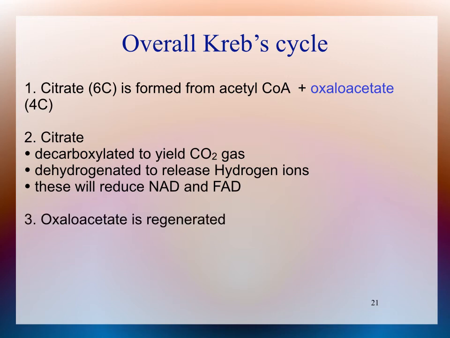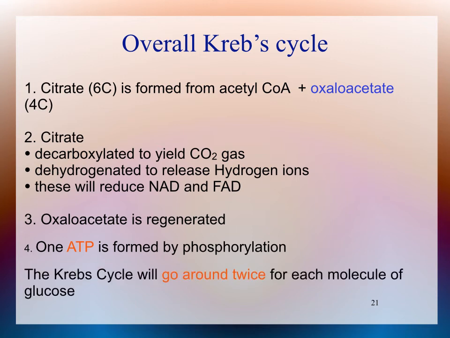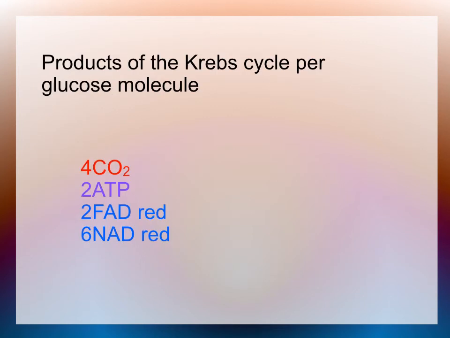And then oxaloacetate is regenerated. And you have 1 ATP being formed by phosphorylation. Remember that the Krebs cycle will go around twice for each molecule of glucose. So the overall products you have are 4 carbon dioxide, 2 ATP, 2 reduced FAD, 6 reduced NAD.